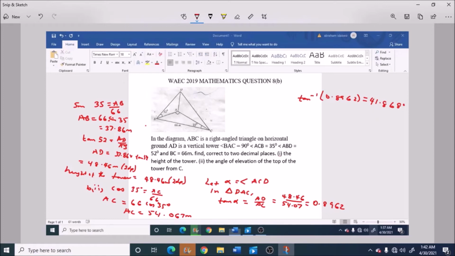Thank you. So we have been able to answer the question. The first one, the height of the tower is obtained to be 48.46 meters, and then the angle of elevation of the top of the tower from C is 41.87 degrees.